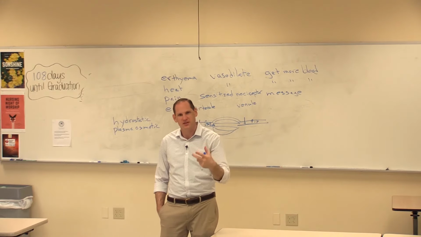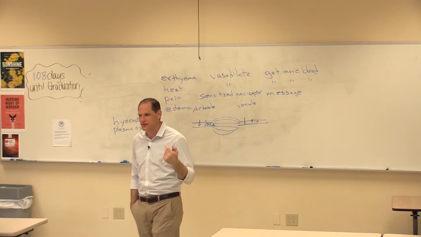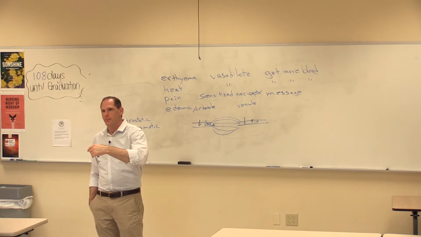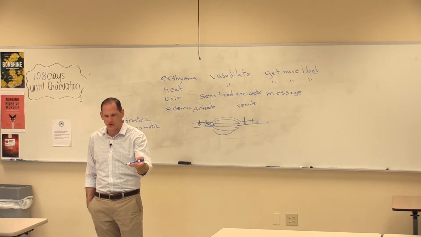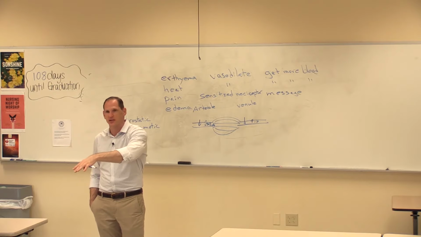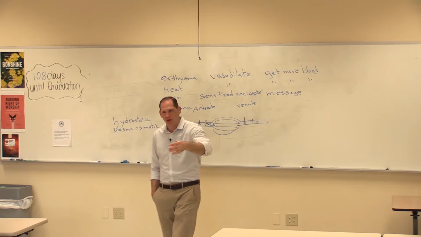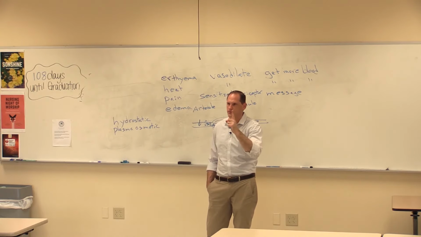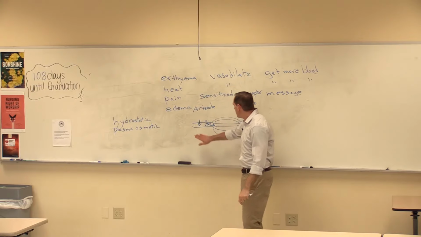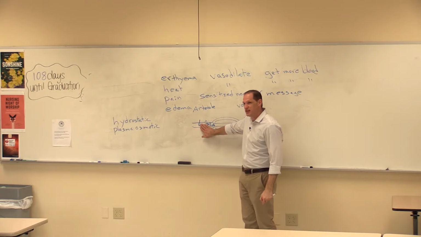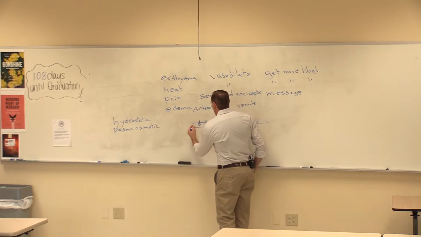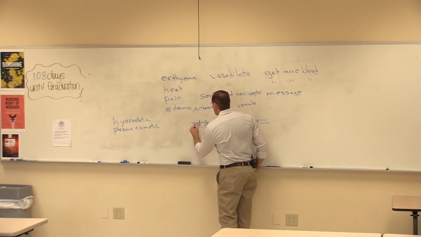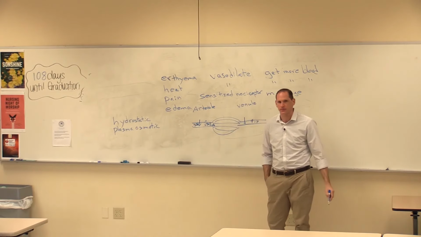Plasma. Say it like you mean it. Plasma. All right. So how is plasma different than the fluid in between your cells? It's got proteins in it. So there are plasma proteins. And what is the number one plasma protein? Albumin. So albumin plus the other ones collectively have about 25 millimeters of pressure pulling back in.